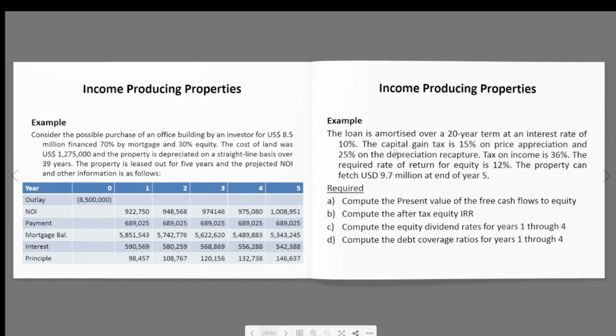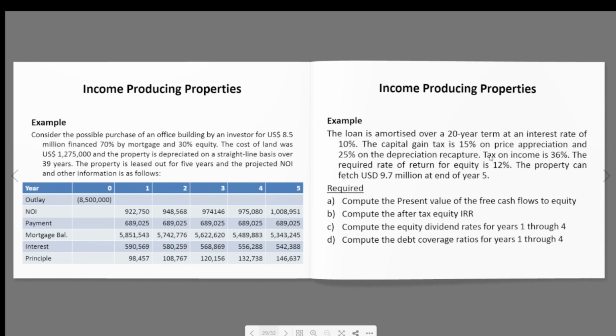Now, the loan is amortized over a 20-year term at an interest rate of 10%. The initial capital gain tax is 15% on price appreciation and 25% on depreciation recapture. Tax on income is 36%.